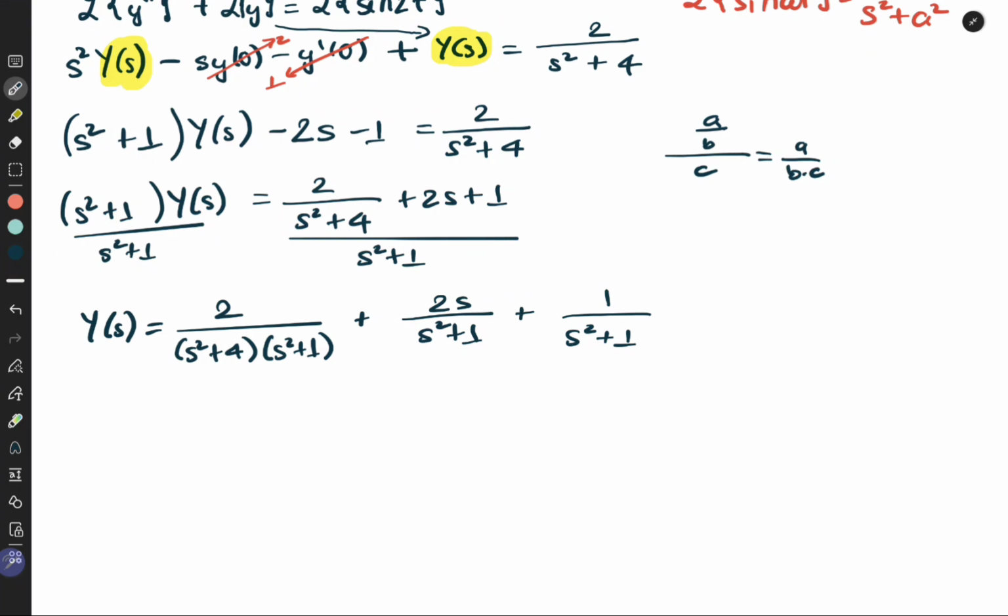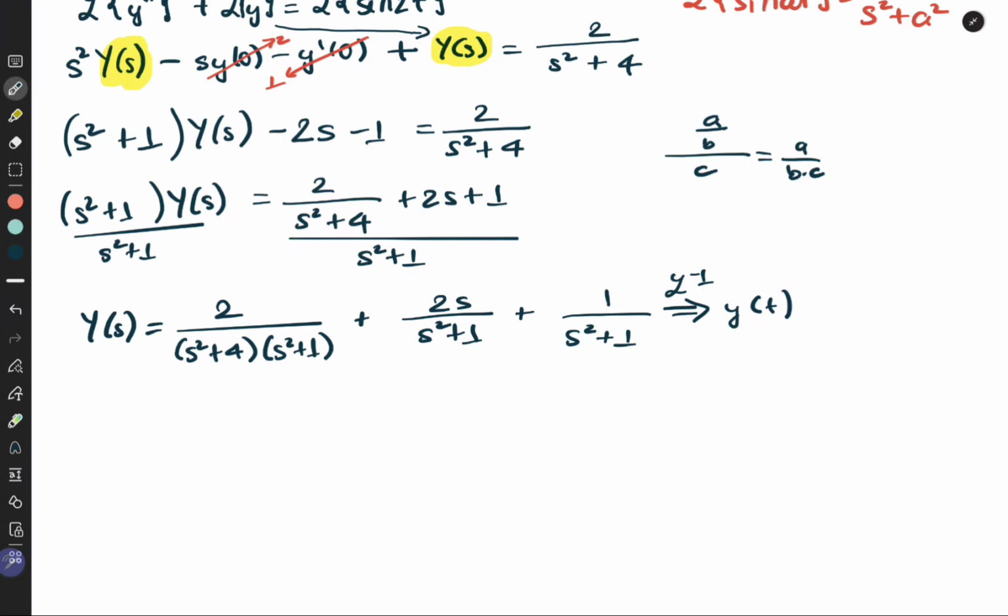Okay, so right here, so far so good, right? And also I know that this one turned out to be 3 fractions, and eventually I will need to reverse engineer, find the inverse Laplace to find the solution, y(t), right?